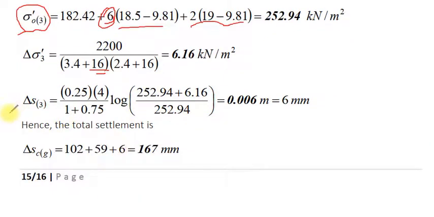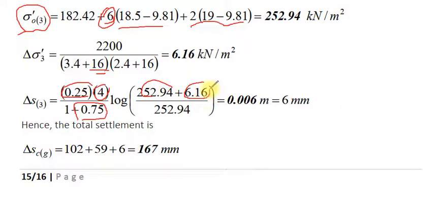Now use the consolidation equation to compute the consolidation settlement for the third layer. 0.25 is the coefficient of compressibility, multiplied by 4, the thickness of the third layer, divided by 1 plus 0.75, where 0.75 is the original void ratio, log of sigma naught dash plus delta sigma.